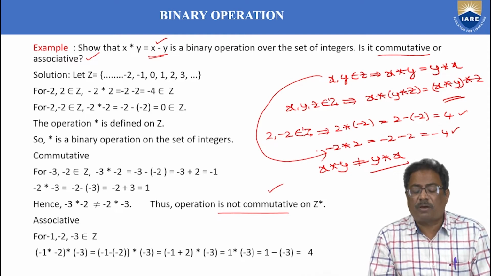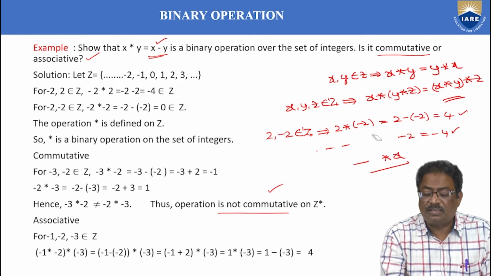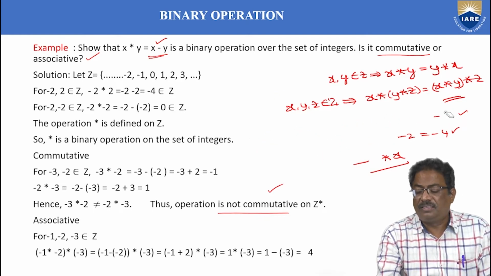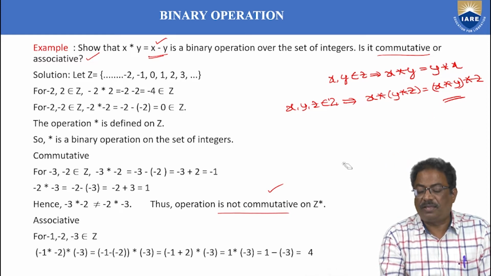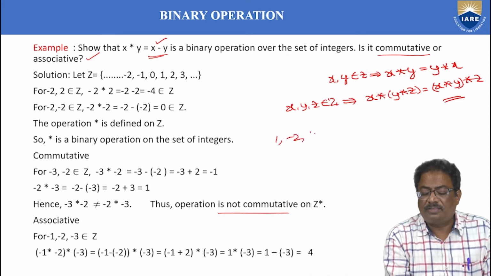Similarly, let us consider the associative property. Any three elements you have to consider from the integer set. Let us take 1, -2 and 3.